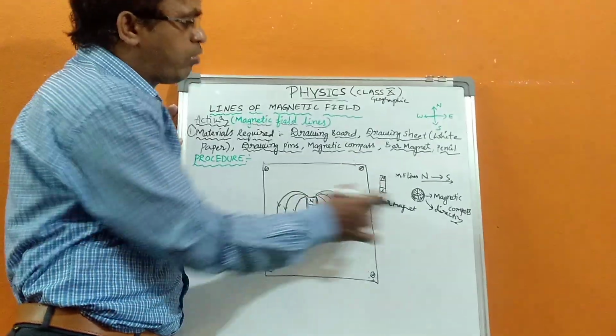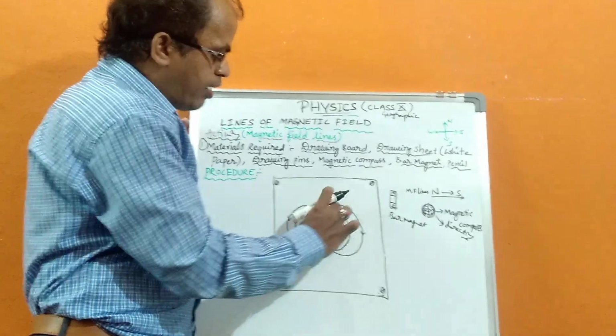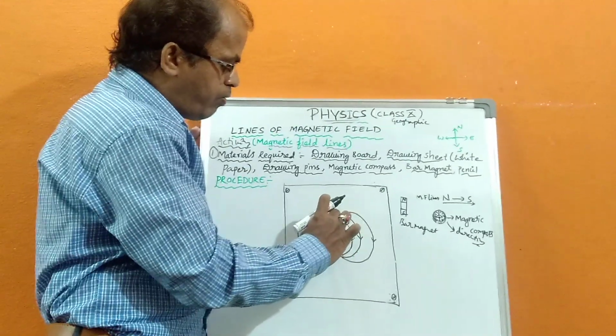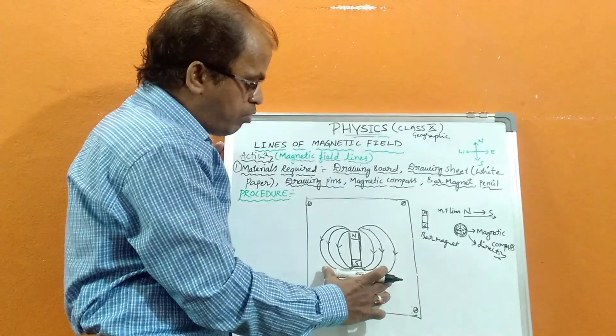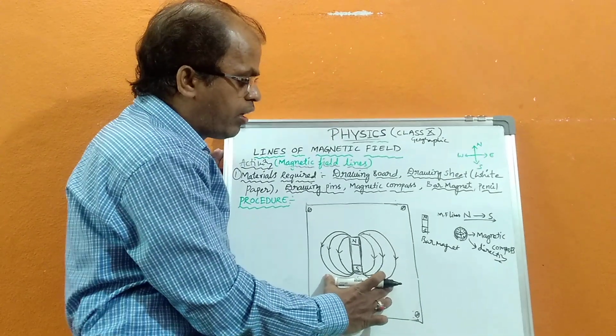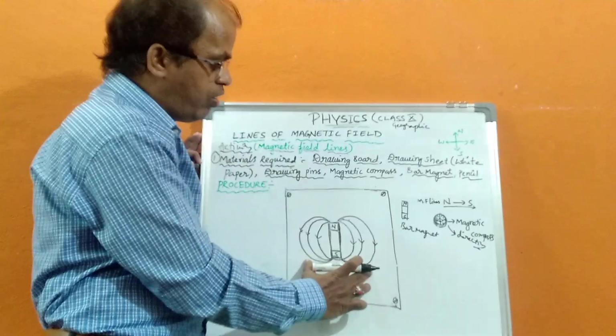So by using the magnetic compass, the deflection shows the magnet having an effect on the compass in this particular region. This is called the magnetic field. The effect of a magnet is the magnetic field.